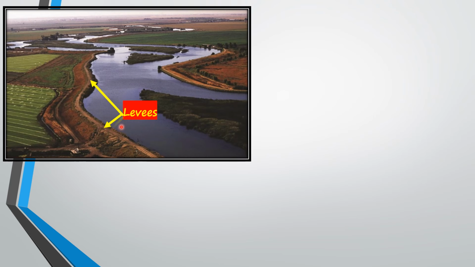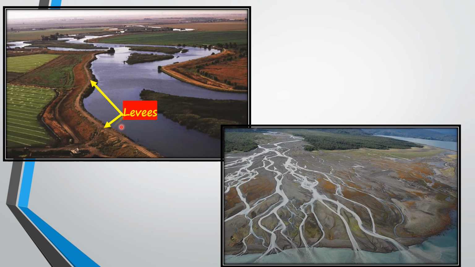As the river approaches the sea, the speed of the flowing water decreases, and it leads to the breaking up of the main stream of the river into many branches, which are called distributaries. The river becomes so slow that it begins to deposit its load.